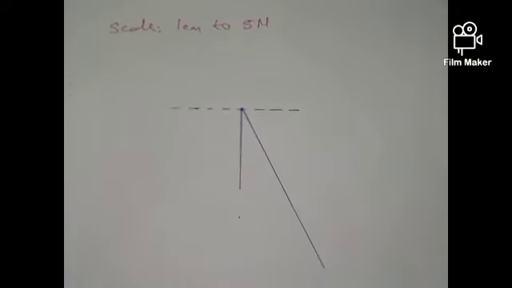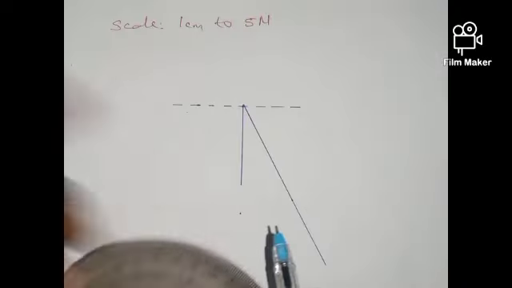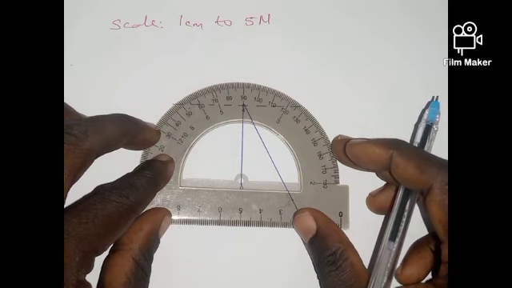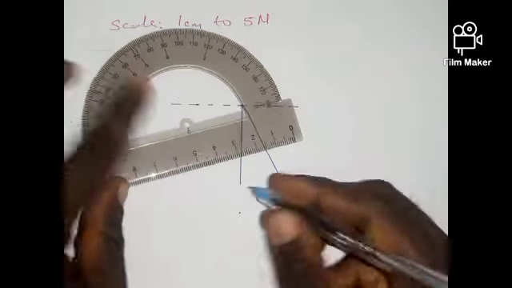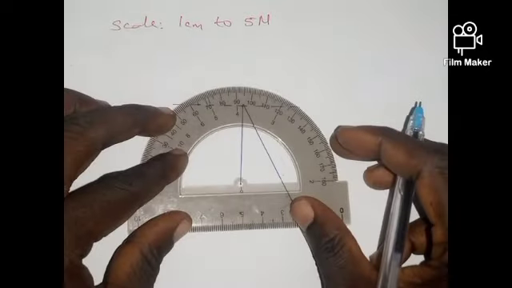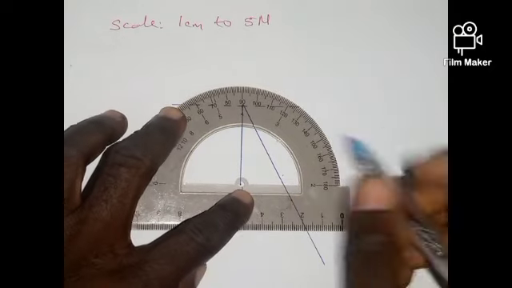Then I come to the other side. It makes an angle of 50 degrees. So here I'm going to measure 50 degrees. I'm drawing it from this point, the end of my 4 cm. So I'll place the protractor on this. Then I'll measure 50 degrees from 90.